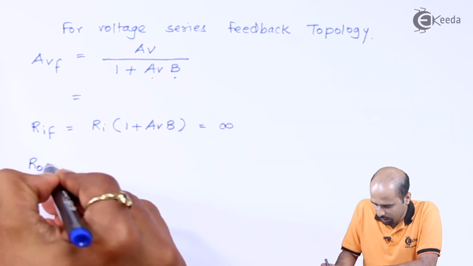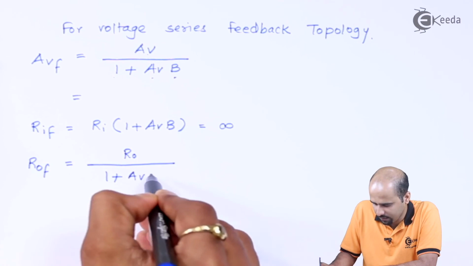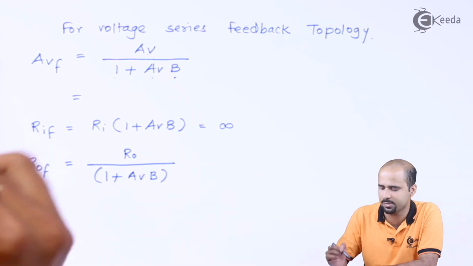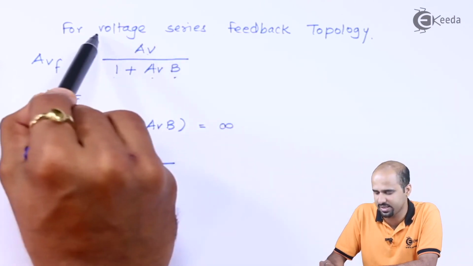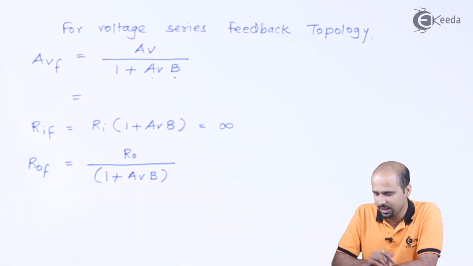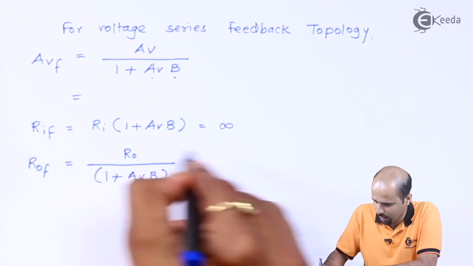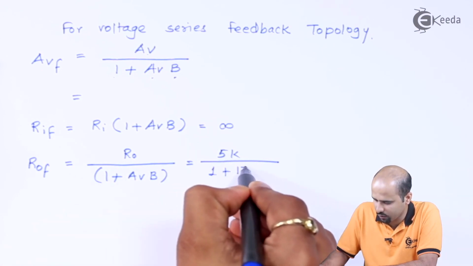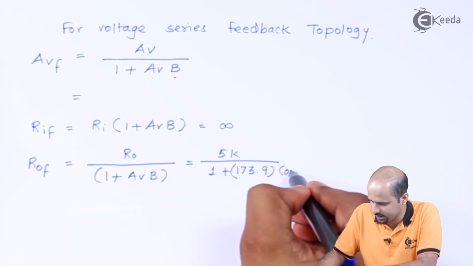What's the value of ROF? ROF is RO divided by 1 plus AV into B for voltage series negative feedback topology. All these multiplications or divisions depend on the particular feedback topology. Here we have the example of voltage series negative feedback topology, so according to that, we multiply and divide for particular parameters. RO we have got as 5K. This is 1 plus AV, which we have got as 173.9, multiplied by B, that is 0.1.